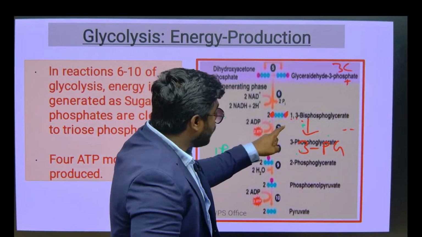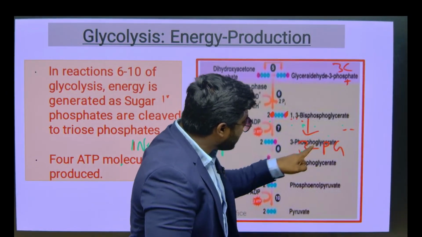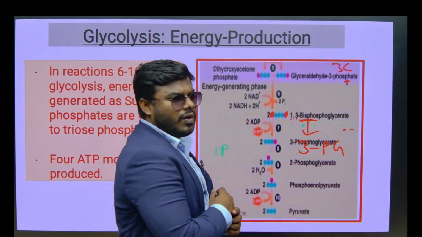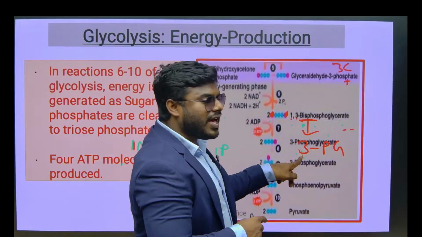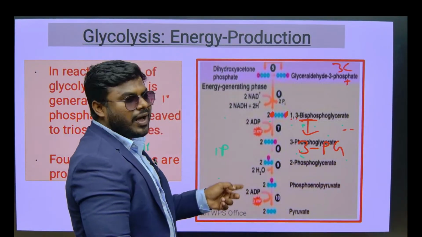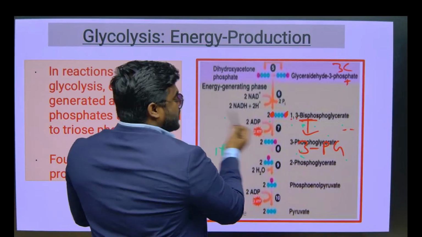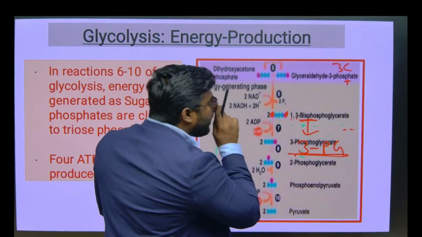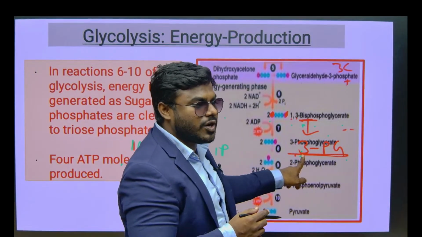Correct? Why did I use the word bisphospho? 2 phosphates. Now why am I using the word 3-phosphoglycerate? Which phosphate is removed from which carbon? The first phosphate, from the first carbon. That's why we call it only 3-phosphoglycerate. Now we don't use the word bisphosphate.